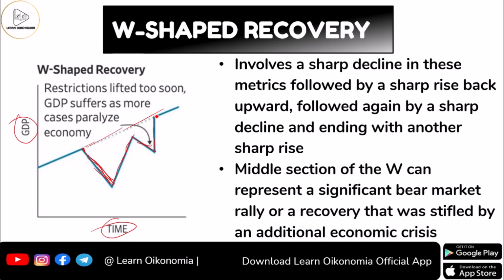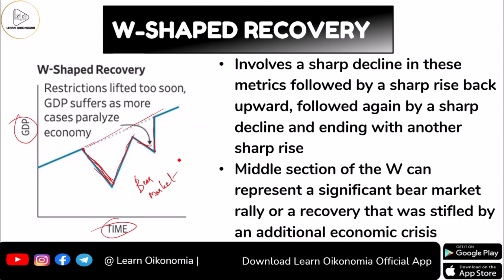So the middle section of W, that is something that shows you a significant bear market. So what does it mean by bear market? The seller's market kind of thing.